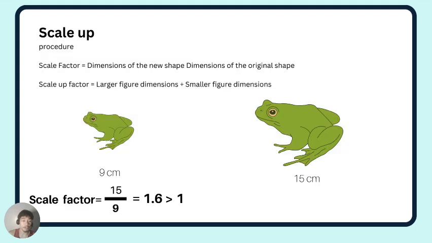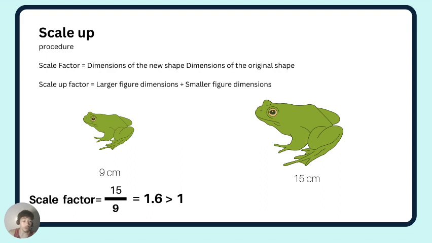So here in our example about this frog, the key point is larger figure dimensions divided by smaller figure dimensions, where 15 divided by 9 results in 1.6.